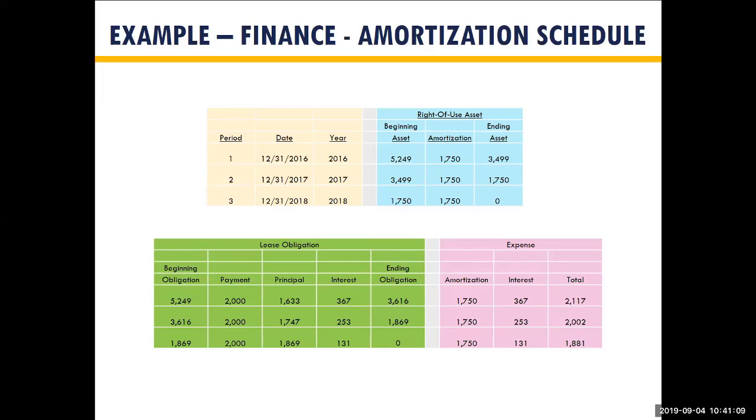So we have $1,750 every year for the amortization, and then we recognize the interest expense. And so our total expense that's within the income statement is not straight line. It's in the two different forms. So that's the difference between really the recognition and measurement under the operating and finance lease with a similar fact pattern.